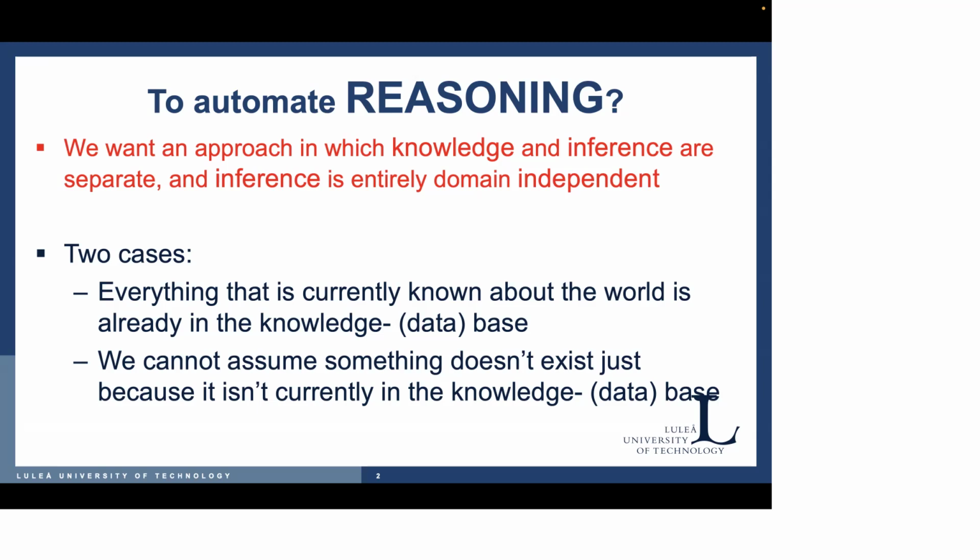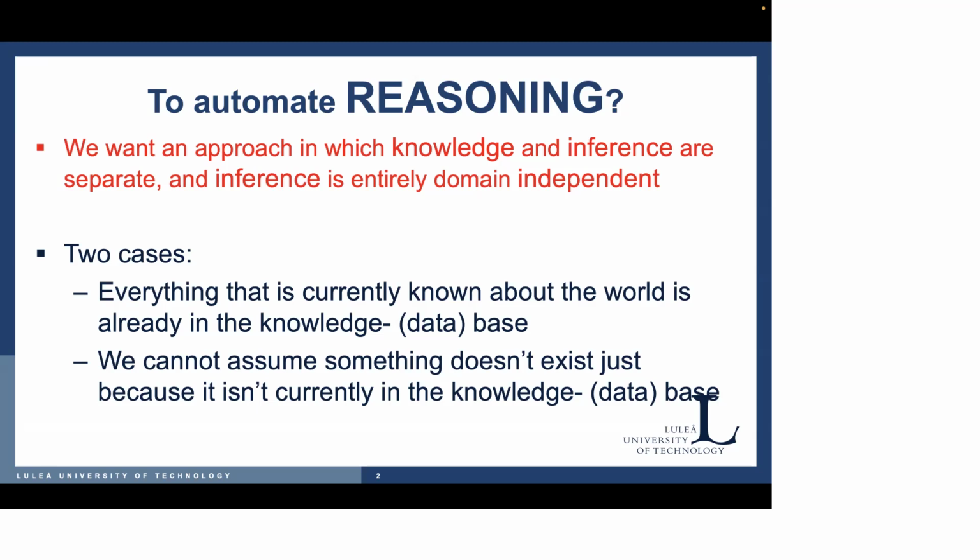And here we enter into 2 cases. So the first one that we have considered implicitly or even explicitly, I mentioned it, is the case where we have kind of a complete knowledge about the environment that we want to reason about. So about the world.